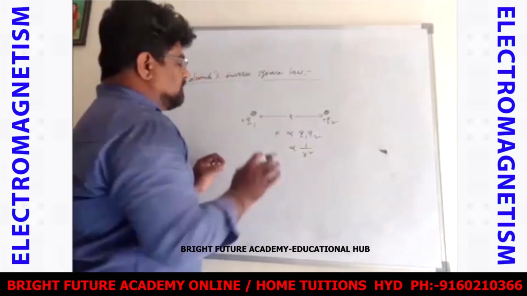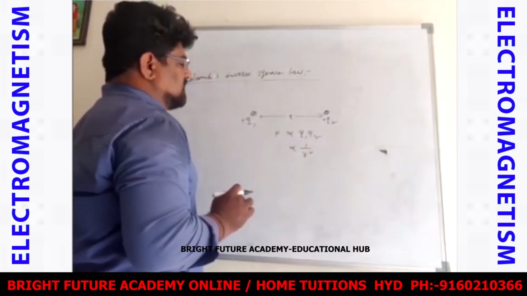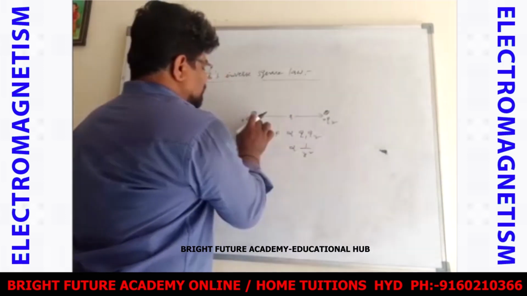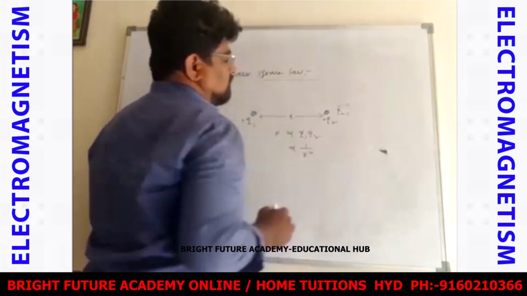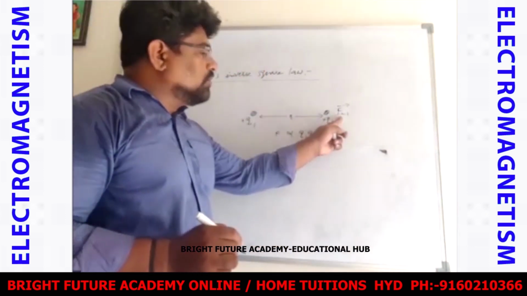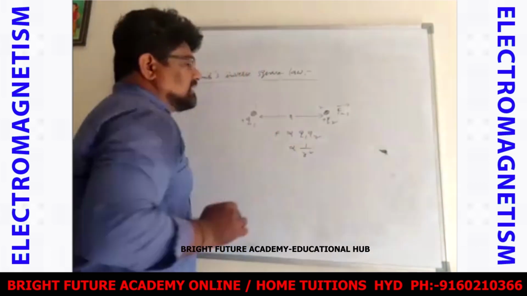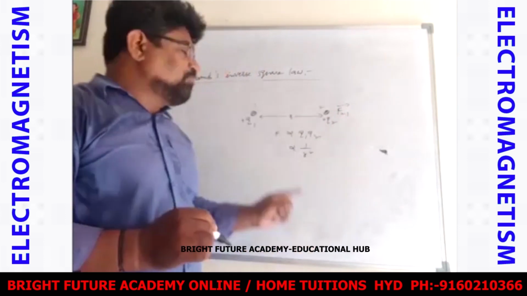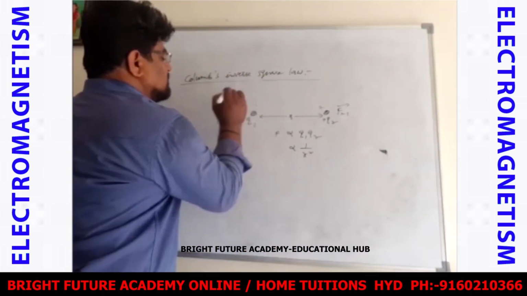So here, for simplicity, we can take these two as what type of charges? Positive charges. Now, the force acting on Q2 due to Q1 is taken as F21, meaning force on 2 due to 1. Here it is the second charge, and that is the first charge. Force on 2 due to 1 is F21, and force on 1 due to 2 is F12.